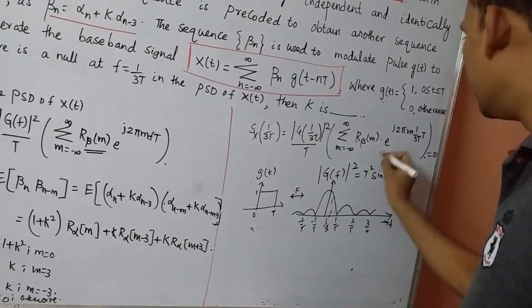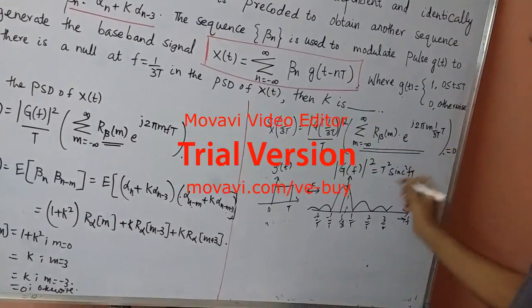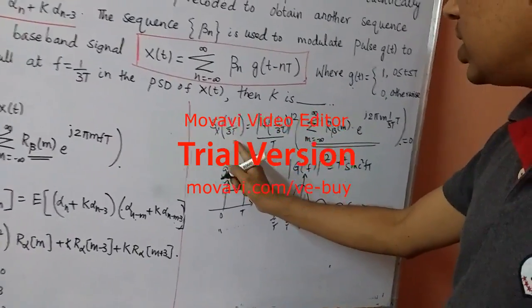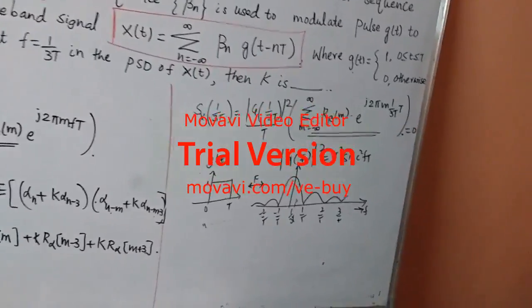So this second term must be 0 in order to make the power spectral density at f equal to 1 by 3T equal to 0.